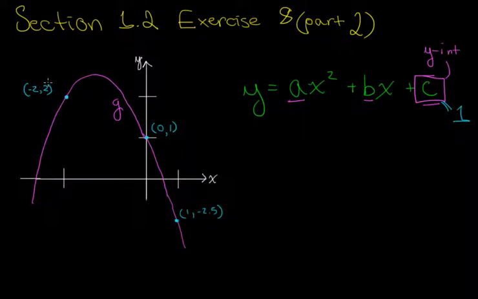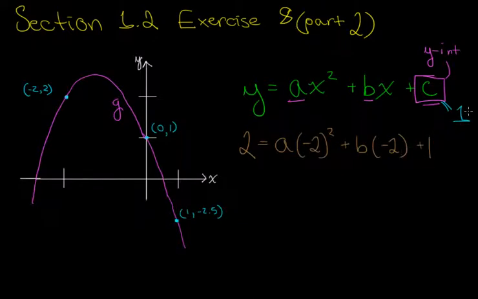So at y equal to 2, our x value is negative 2. So we have 2 is equal to a times negative 2 squared plus b times negative 2, plus 1. Don't forget, c is equal to 1.